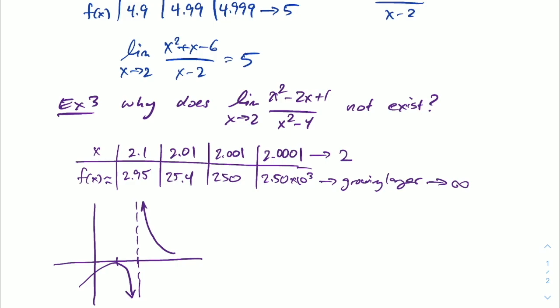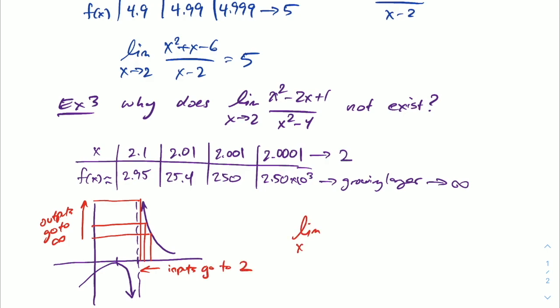So you can see that as we're putting inputs in that are close to 2, we're getting outputs that get larger and larger. As we get really close to 2, we're getting outputs that are growing in an unbounded fashion. Outputs go to infinity as the inputs go to 2.